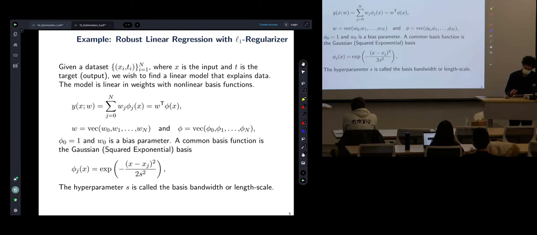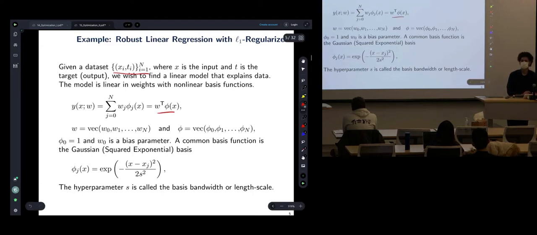So the model is not changed. We still have the same n data points. x is a vector, t is the target value or output, a scalar. We use a linear model, linear in weights, with the same Gaussian basis. We still use the first basis to be the bias term.